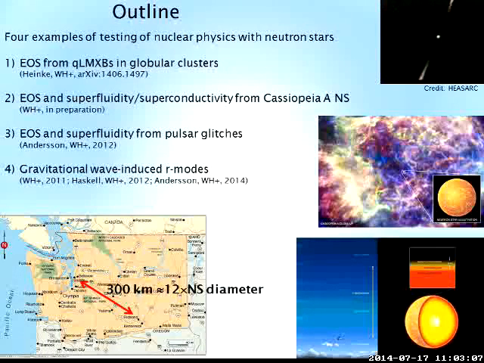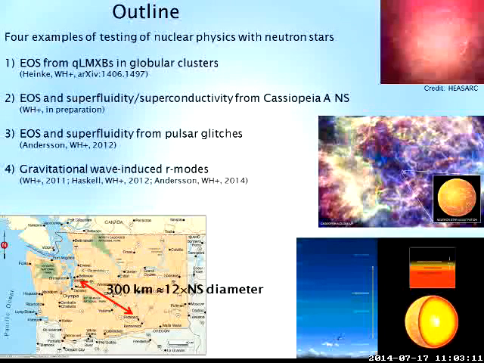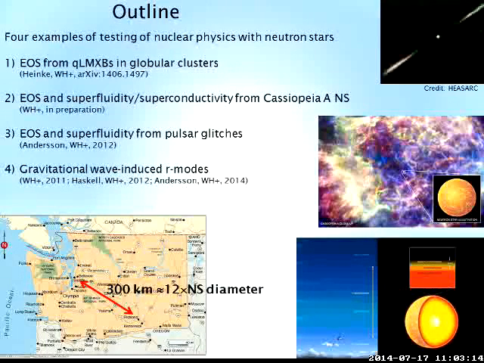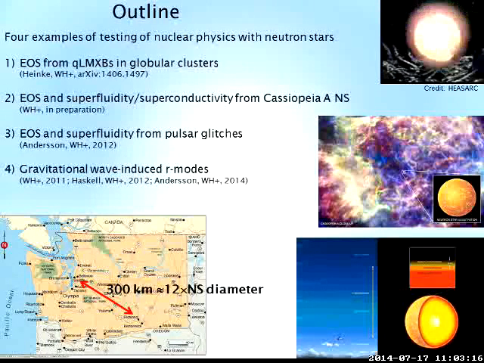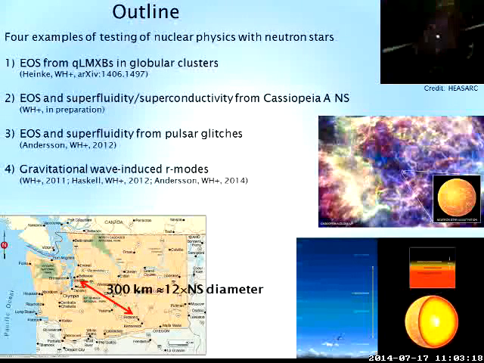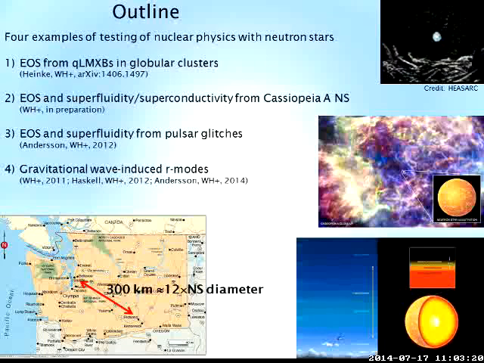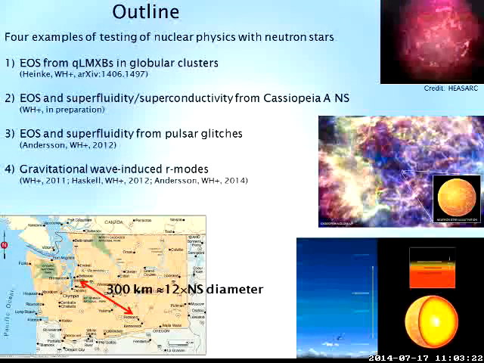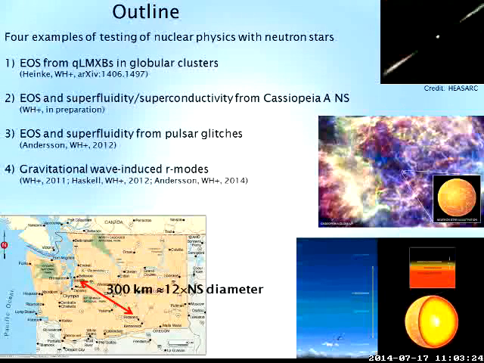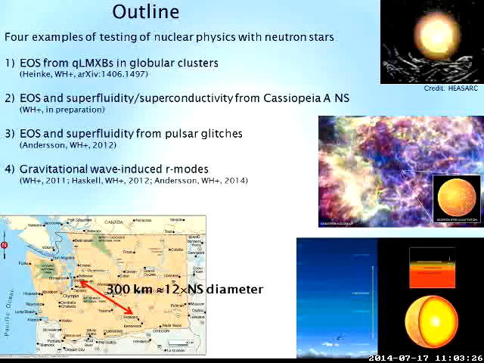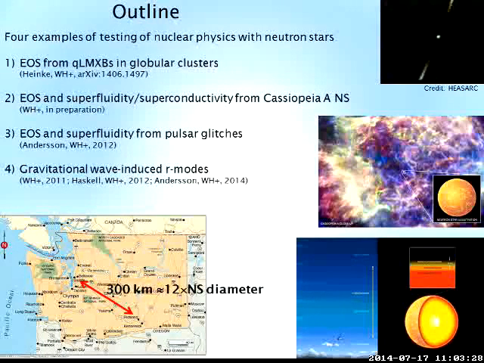So the 4 topics I'm going to talk about where we can use neutron stars to test nuclear properties are: first, the equation of state from looking at QPOs. We talked about this on Monday, but I'll reiterate it and describe briefly what they are and why we look at them.